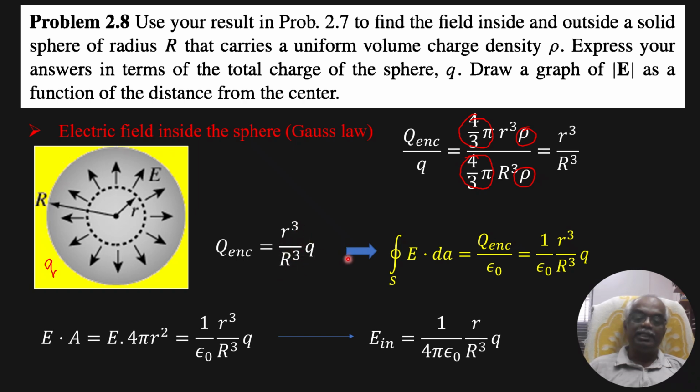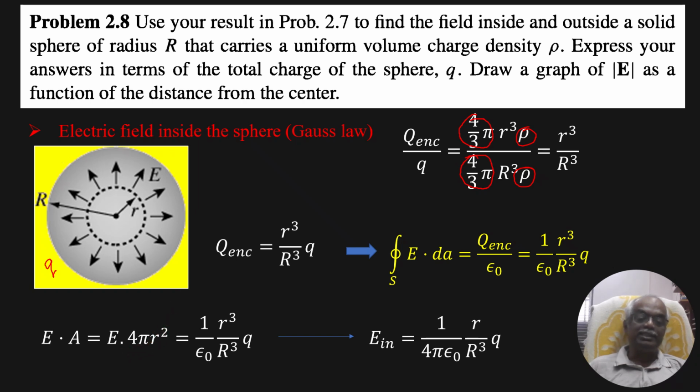Now you take the integral form of Gauss's law, which is the integral of E dot dA equal to the charge enclosed over epsilon naught. The charge enclosed is small r cubed over capital R cubed multiplied by Q. The integral of the left hand side is E times the total area, which is 4 pi r squared.